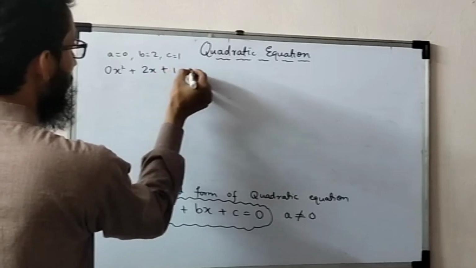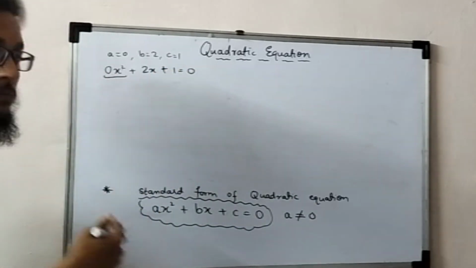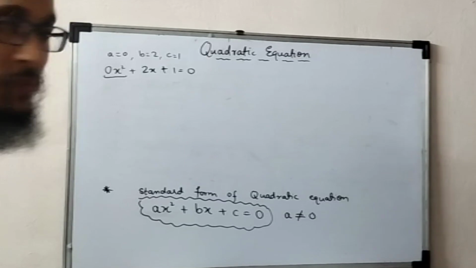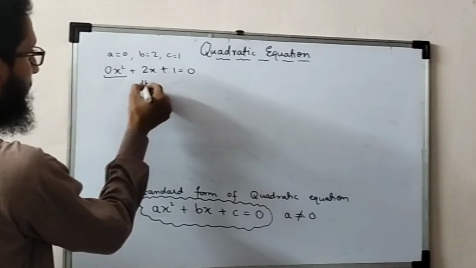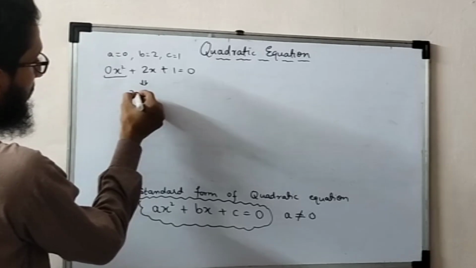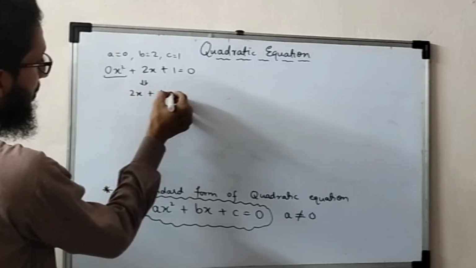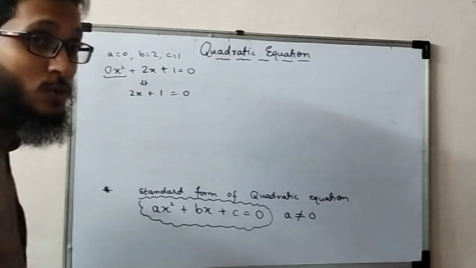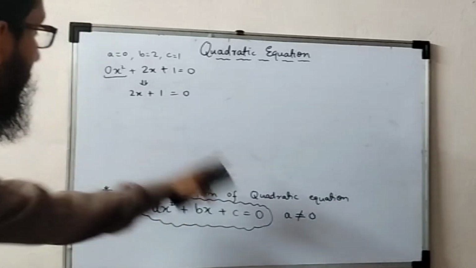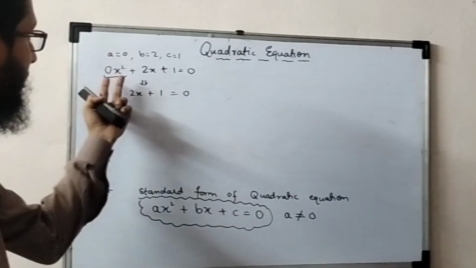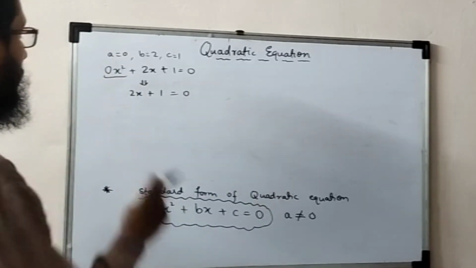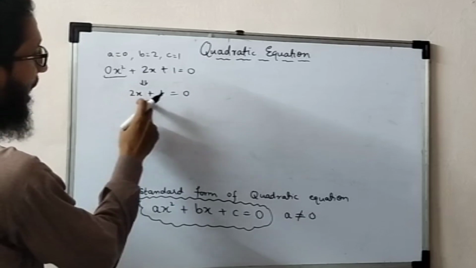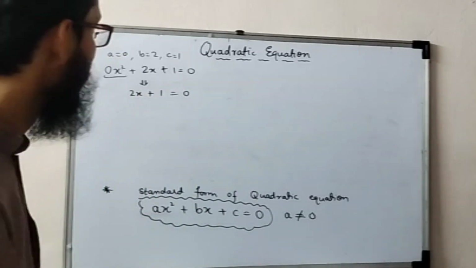Plus 1 is equal to 0. Then this term will be removed from the equation. So how will it look? 2x plus 1 is equal to 0. If I take a equal to 0, then the square term will be removed. So now it has become 2x plus 1 is equal to 0.